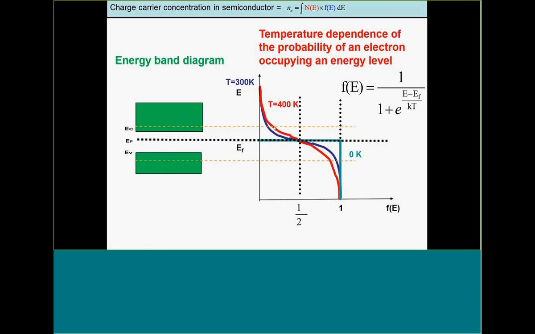You can just look at this one and draw for a much larger increase in temperature, something like that. So you can see that temperature does change the probability of an energy level being occupied by an electron or a hole.